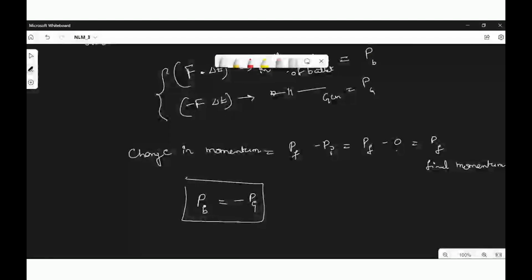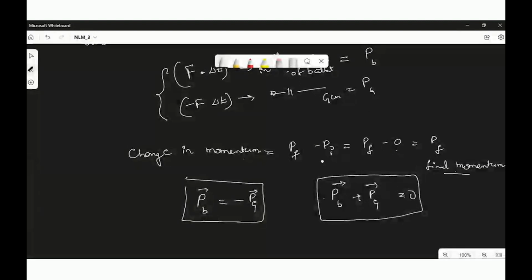So PB equals minus PG, or in vector notation, PB vector plus PG vector must be equal to 0. This is the change in momentum, which is equal to final momentum. So your final momentum sum is 0. Do you agree? The total sum of final momentum is also 0.